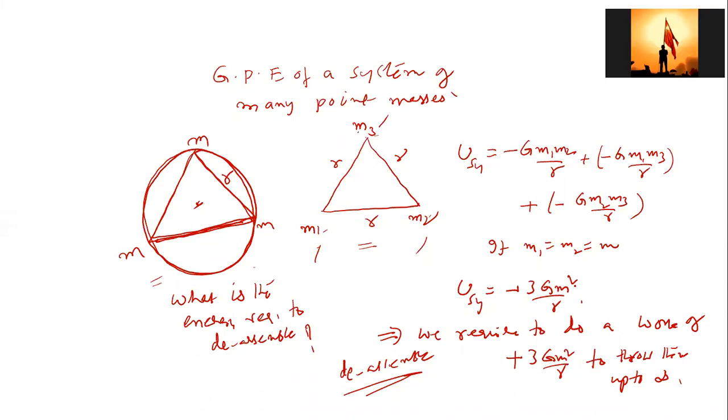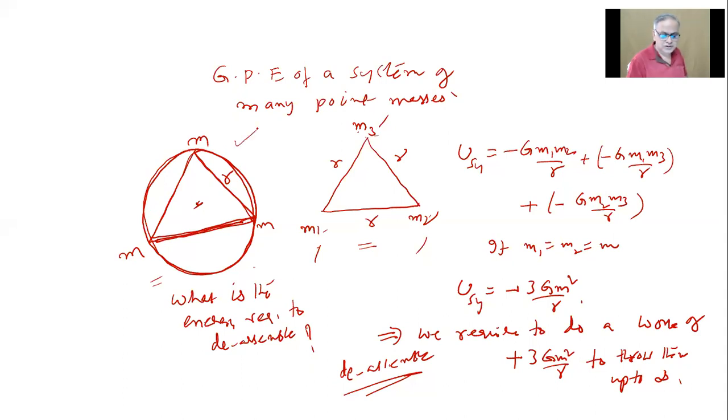But how do you move them away from each other? By giving them velocities, right? You will stand here, you will stand there, or you will stand and hold both of them, and this fellow will stand and throw them away like that. That can be done in many ways, but the total energy will be that. But here they already have velocities, so you require to provide some more velocity so that they go away.